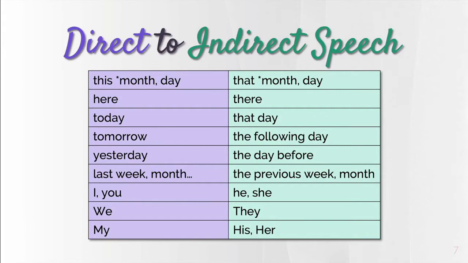Last week, last month, will change to the previous week, the previous month. And then the pronouns I, you will change to he, she. It depends on the person, right? We will change to they, and my will change to his or her. There are other changes, but we just need to concentrate on these ones.